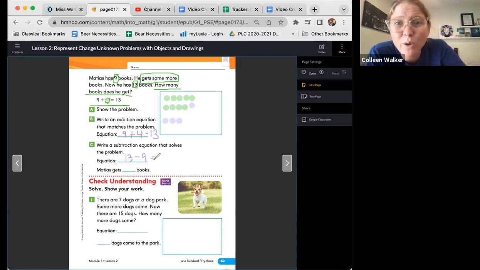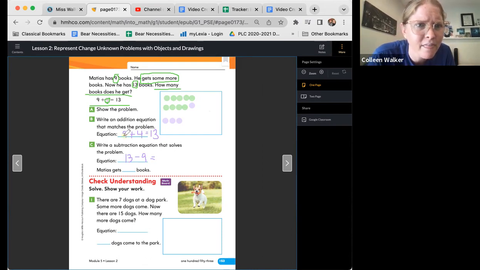Remember, these are going to be related facts. So see these 3 numbers, friends, right here? 9, 4, and 13. We're going to use those same numbers when we're writing our subtraction problem. So friends, what is 13 minus 9? Yes, it's 4. That's correct. So Matthias gets 4 books. That sounds like a great day.